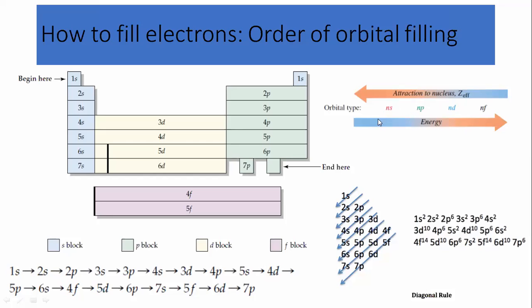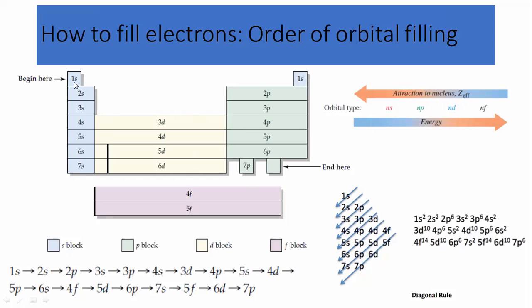As indicated over here, n is any principal quantum number. Let's go 1, 2, 3, S. S has the least energy, then P, then D, and then F. So this is the increase in energy level. First electrons come to the S orbital, then go to the P, and then to the D and the F.